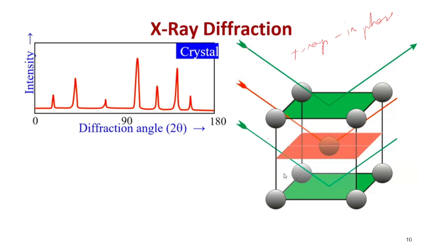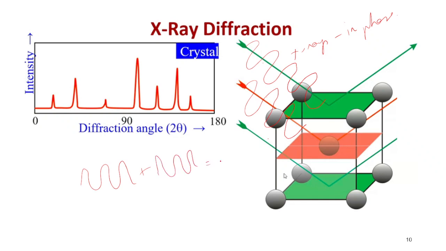In phase means, say there is some wave coming like this, the corresponding wave here should also be the same. Only then will we have what we call constructive interference.